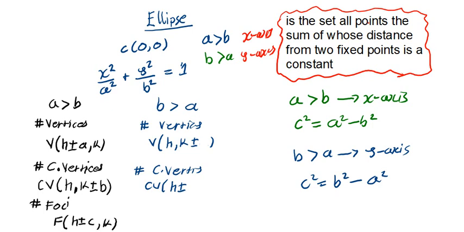It's supposed to be B, because B is greater than A. Then the core vertices are the ones that are going to have H plus or minus A comma K, like that.